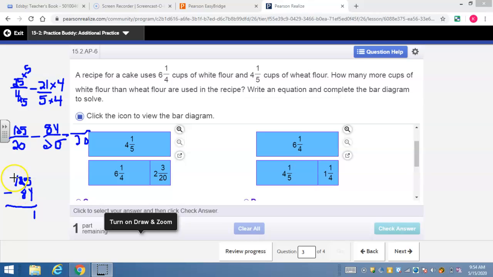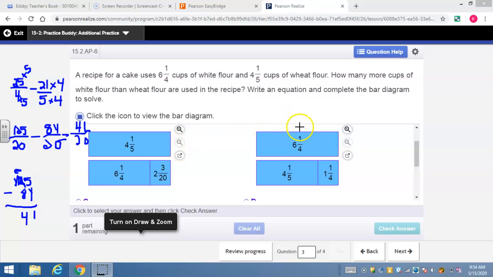Oh, I can't do it, so I need to regroup. 1 would be a 0, and then this would be a 12. So 12 minus 4 is 8. Okay, so now I've got my difference here, 41/20. But now I need to change it back to a mixed number.